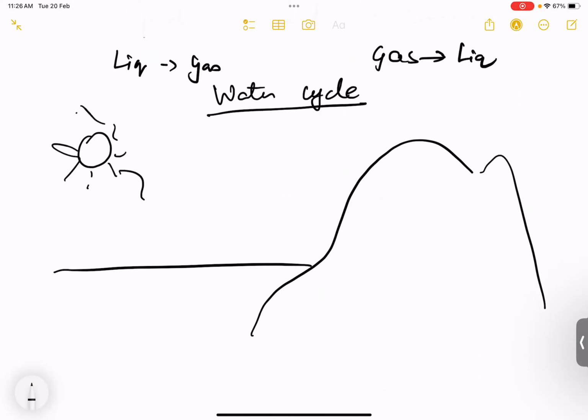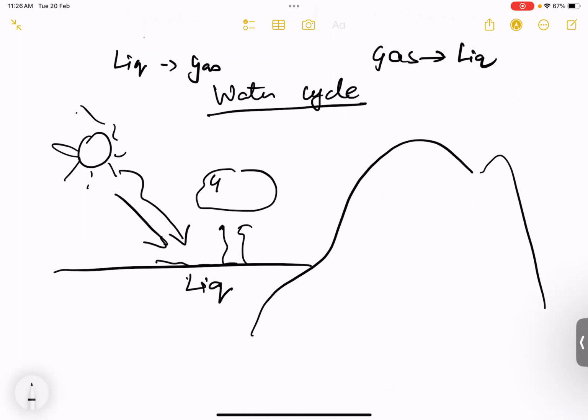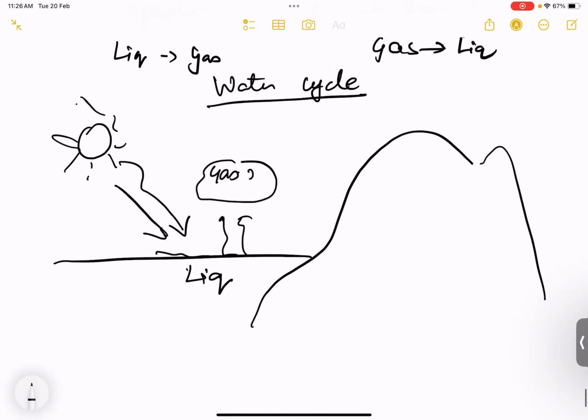Here, let me draw something out. This is the sun. Sun rays heat up the water, which is liquid, and then the liquid is going to evaporate and it becomes a gas. If I draw the particle model, they are widely spaced. Here, the particle model is closely spaced, but not tightly.